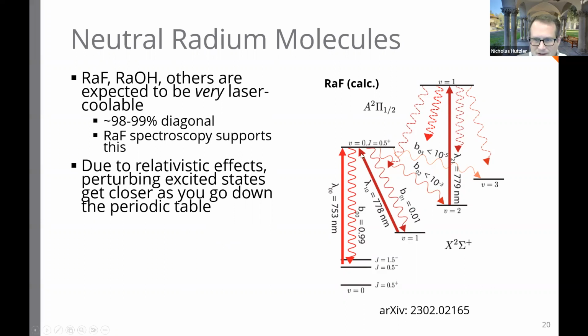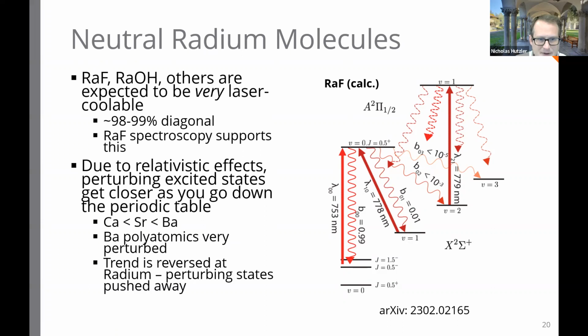Why are these more diagonal than some of their lighter analogs like strontium? It turns out that because of relativistic effects, as you go down the periodic table, from calcium to strontium to barium, there are some perturbing electronic states that get closer and closer. In fact, for barium polyatomics, they're so close that they mess with the states and they're severely perturbed in a bad way. But the trend reverses at radium and those perturbing states get pushed way up.